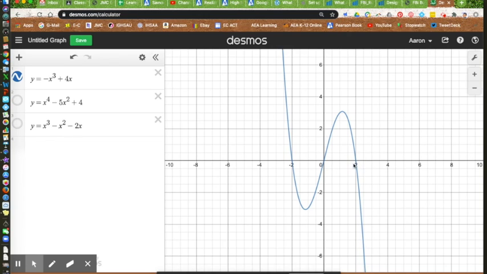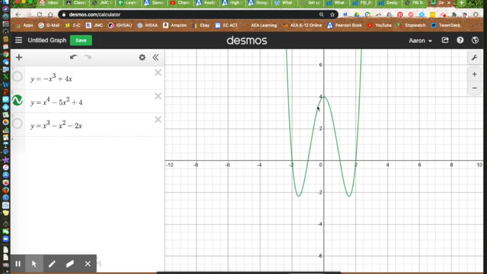We've got 1, 2, 3 solutions, and we've got 1, 2 turning points, just like we expected. If I go to the fourth power, notice it was a positive, so it was up and up. It's got 1, 2, 3, 4 solutions, and it's got 1, 2, 3 turning points, just like we would expect.